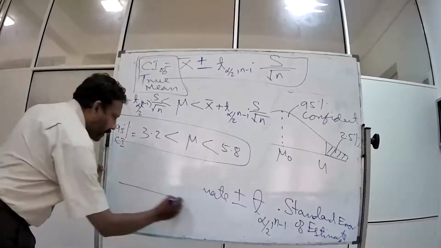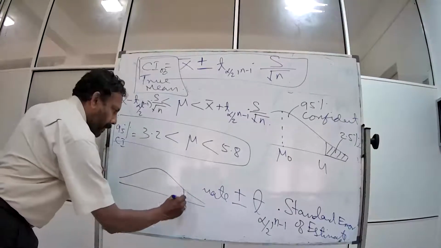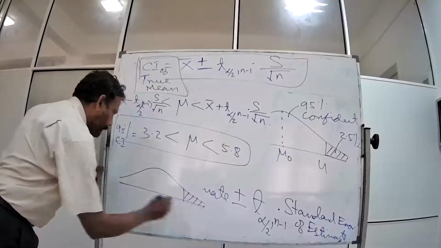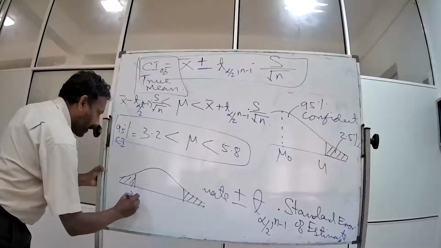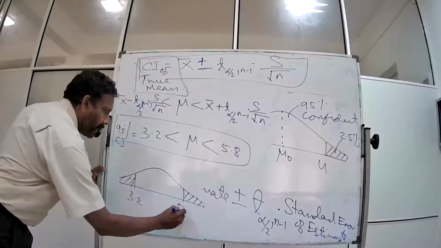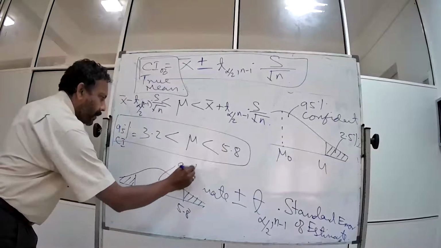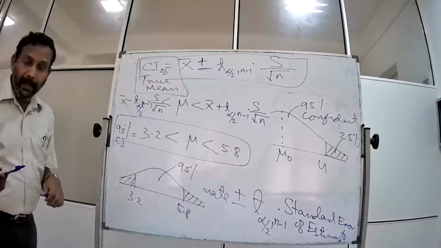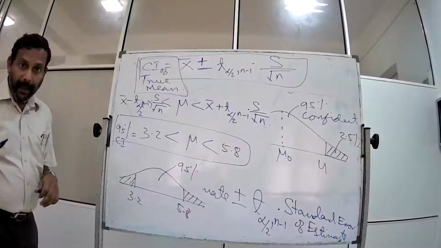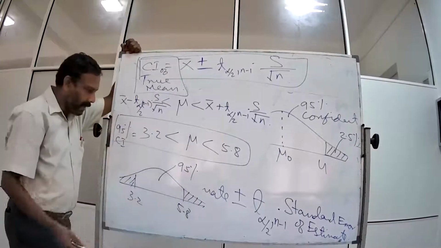So what do you mean by this? This is 3.2, this is 5.8. This area is 95%, because my alpha is 0.05. We will do the calculation later.